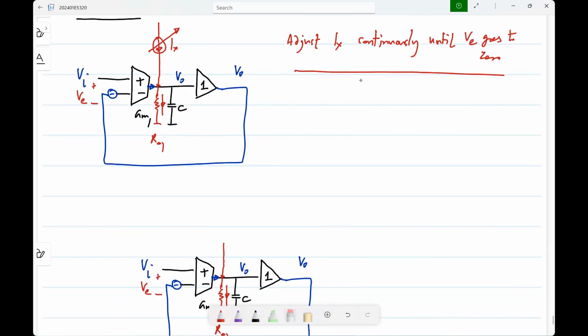No, if you push a current, it will always go up. Let's imagine that Ix is 0. The V naught will settle to some voltage, maybe not the voltage we want. Now let's go on increasing the current. The voltage will go on increasing, that's all. How will you know when this is equal to that?